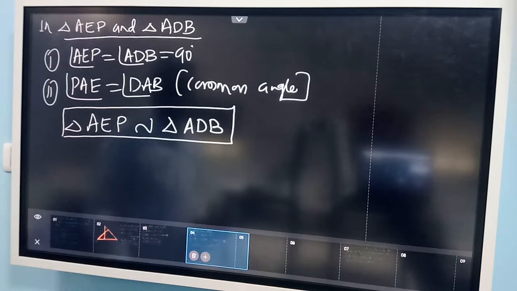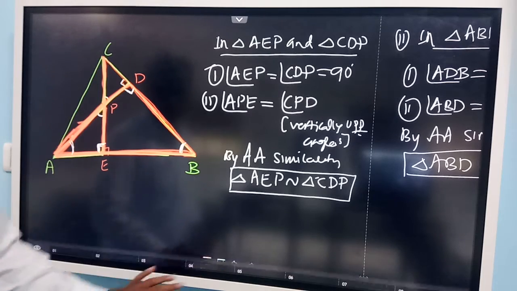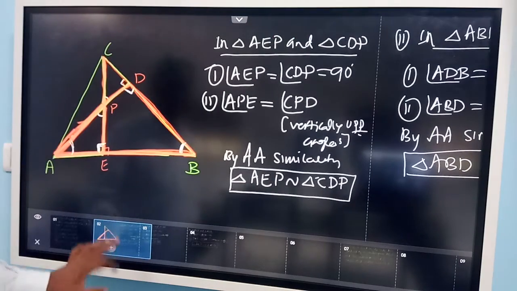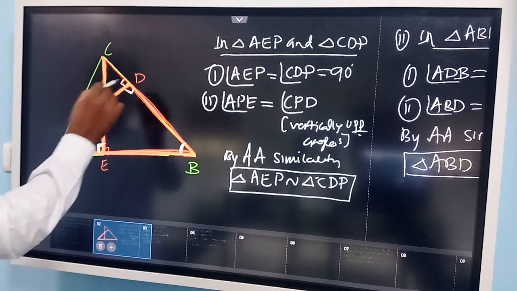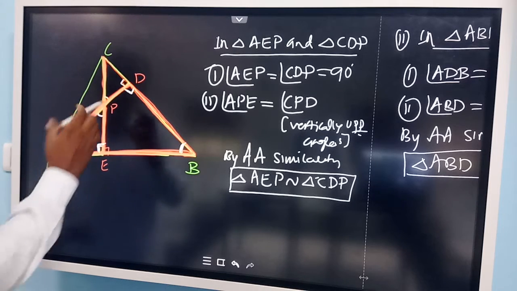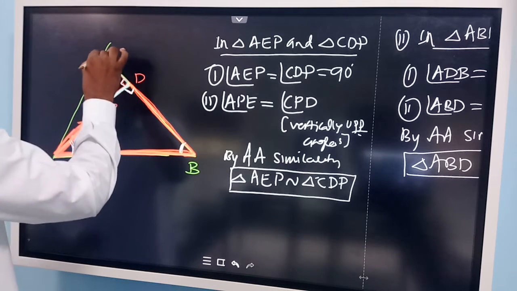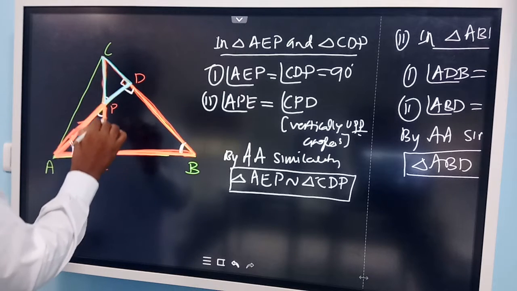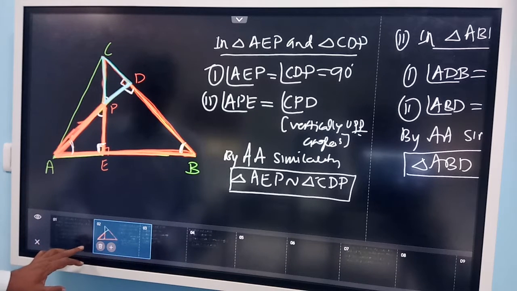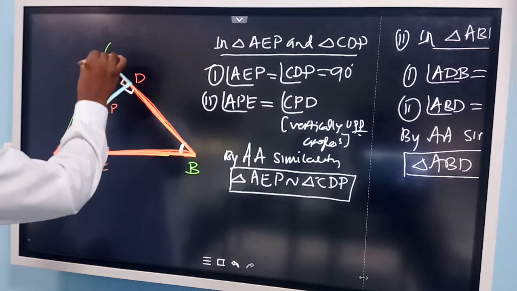Then the last one, you will come to these last triangles. So look at these triangles. Question: what you have to show is that PDC and BEC are similar. In the same way, this is a smaller triangle PDC, and the next triangle is BEC.